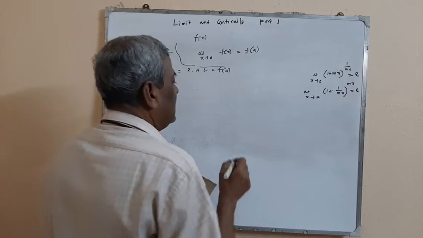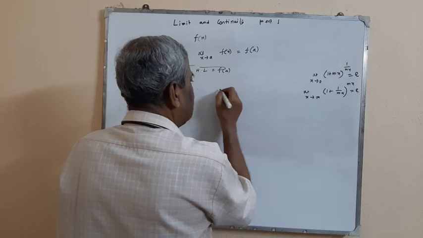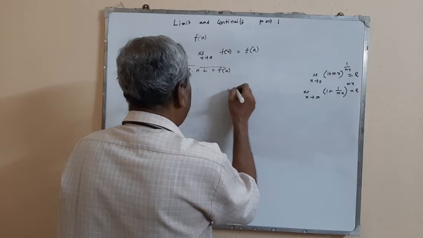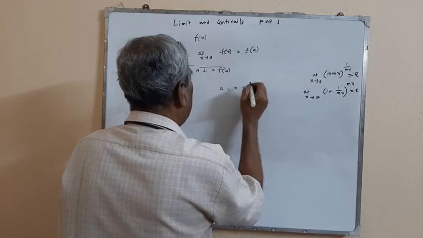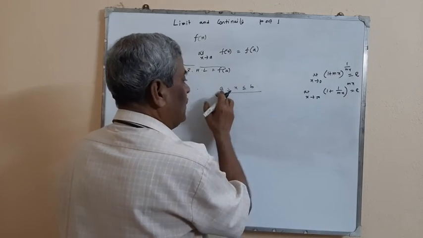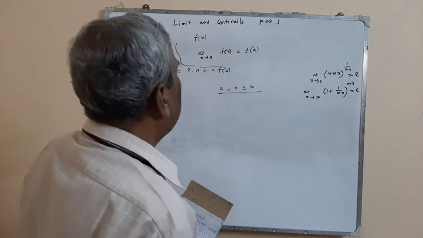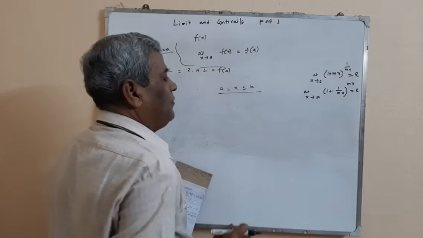If the function f(x) is continuous in the interval a less than or equal to x less than or equal to b, continuous at all points within this interval, then we say that the function is continuous within the interval.